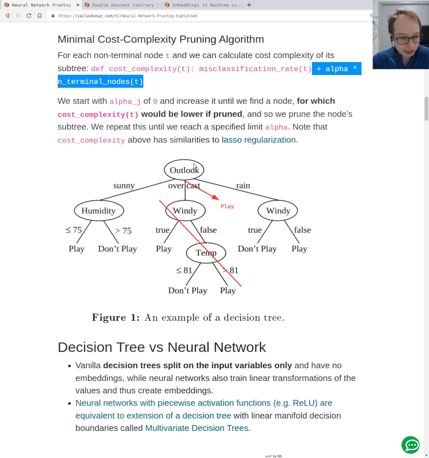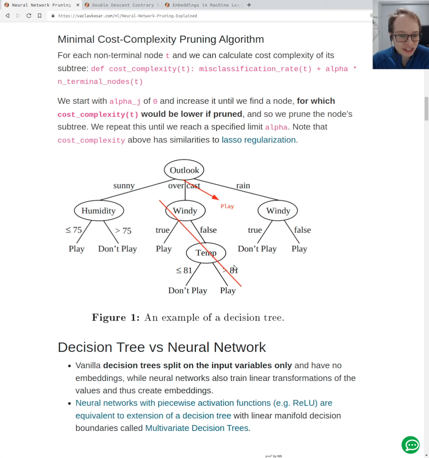So for example, here we have this tree. It has input variables outlook, humidity, windy, and temperature. And this sub-branch is discovered: we can improve this cost complexity if we cut it to just one simple output, which is play, instead of this complex sub decision tree.